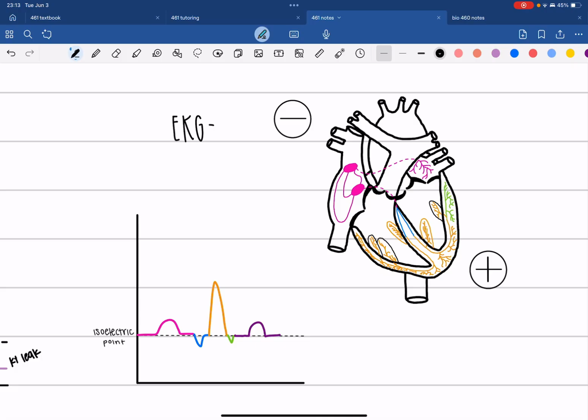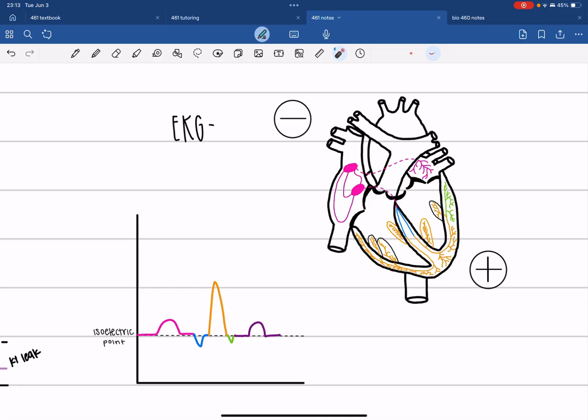On this heart, I have a negative little circle over here, and a positive circle over here. And then I have little lines all throughout with little weird fibers. But then we have this whole weird little line. Well, what on earth does this mean?